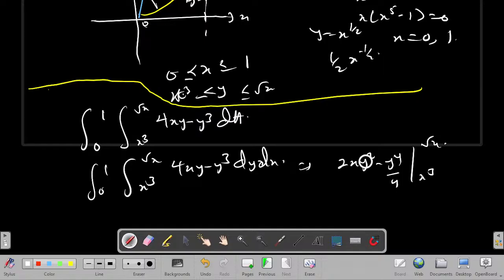When I put root x, I'll get y squared, so x. So 2x squared minus y to the power 4, which is x squared over 4, minus the expression. When I put x cubed, x cubed gives me x to the power 6, so 2x to the power 7 minus x to the power 12 over 4.